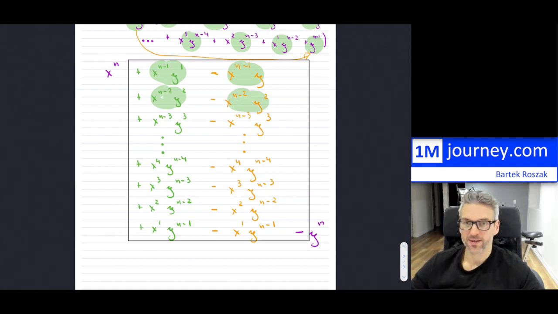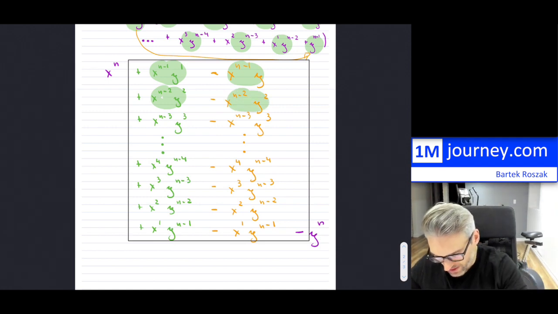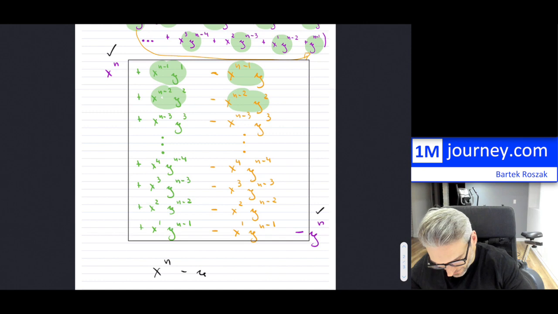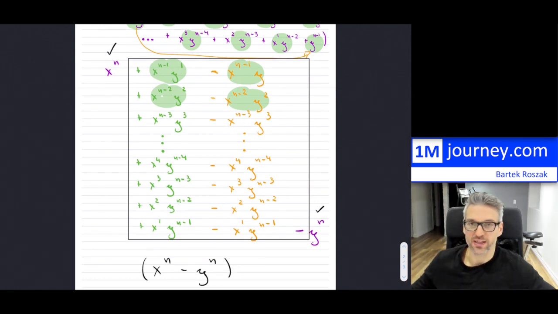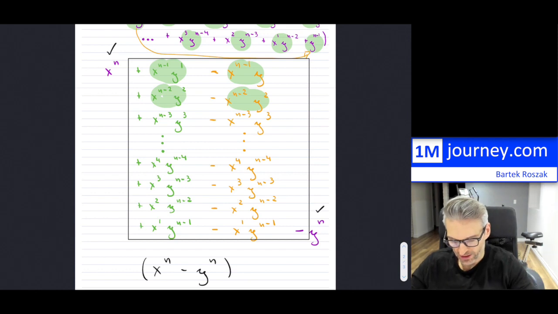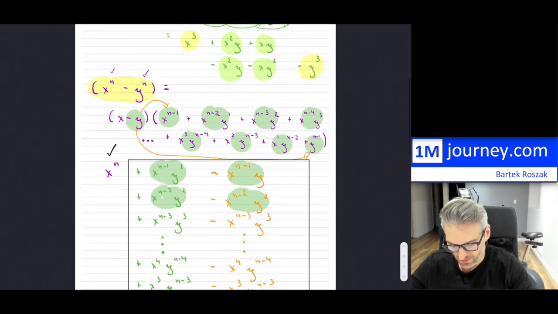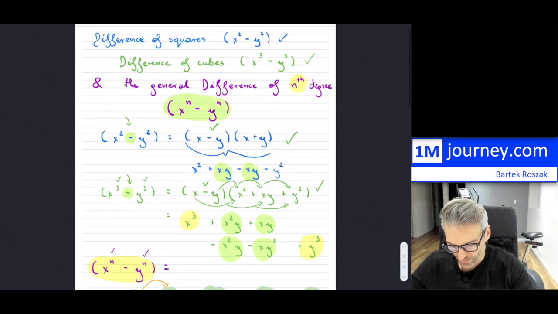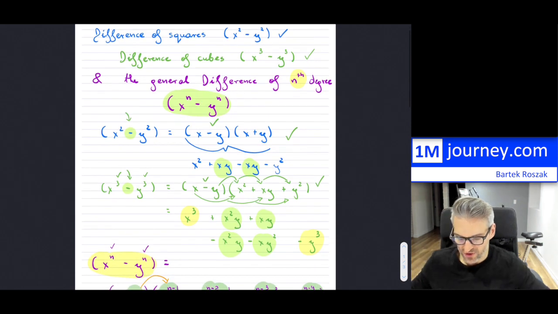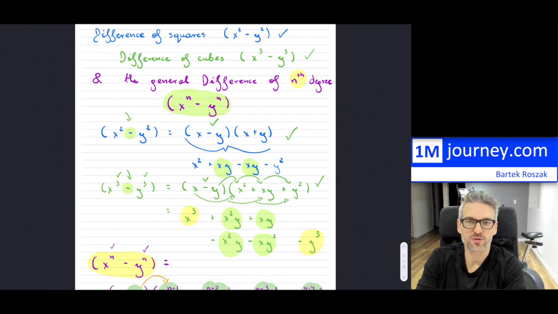And so on. All you're left with is indeed just this and that. That shows you that indeed that is the pattern of the difference of the nth degree between these particular items. So, the difference of squares, difference of cubes, and then the general case falls off in that same pattern.